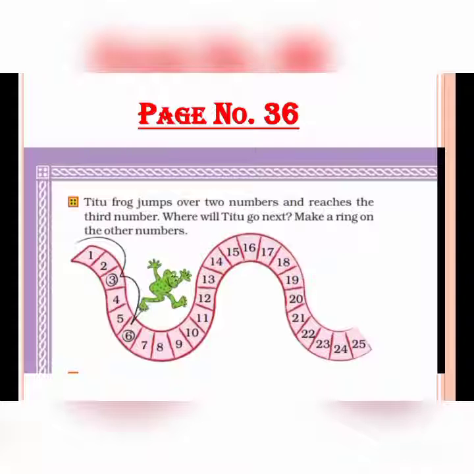Where will T2 go next? Make a ring on the other numbers. Here we have counting from 3s that we have already learned in our previous session. Let's do together.